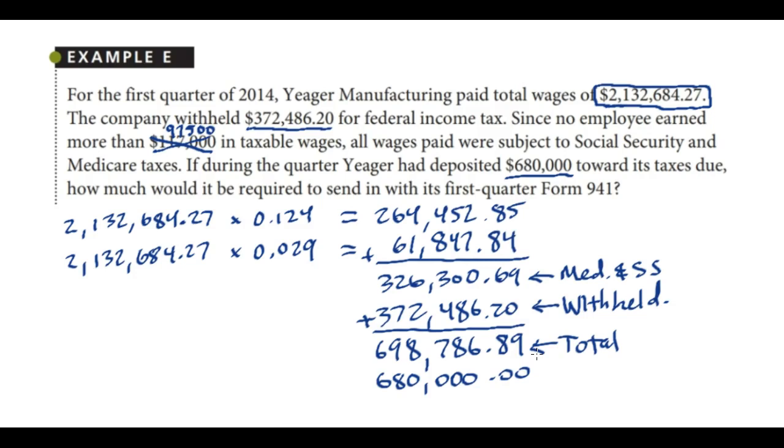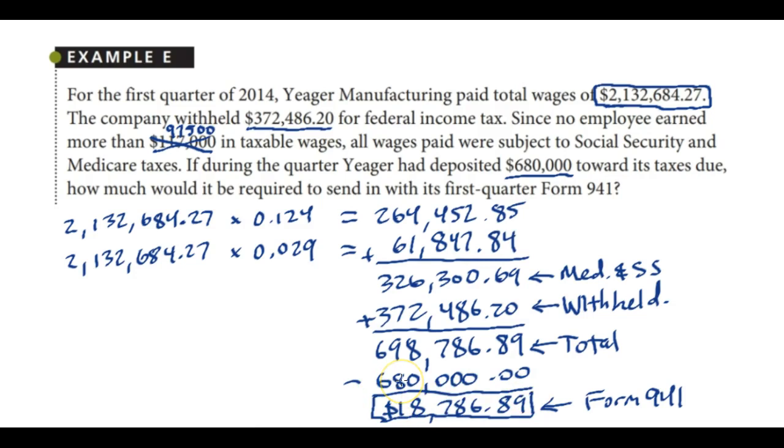So we need to figure out how much more to cover the total amount that we're looking for. The balance that would be needed is this difference, $18,786.89. That would be the amount that would be sent in the Form 941, the additional amount, which was the question for this problem.